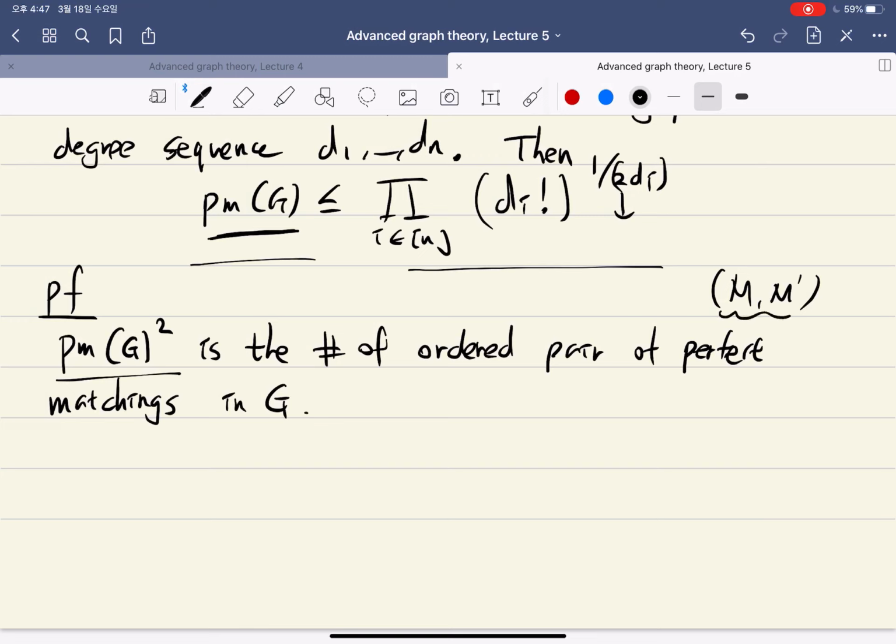But once we have these two perfect matchings, what we get is the union of the two perfect matchings.